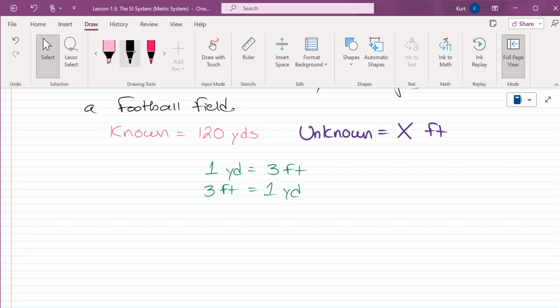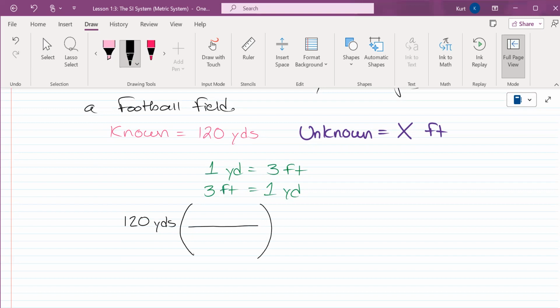Here we go. You start with your known value. 120 yards. You then set up a division table in parentheses. You should really be doing this.